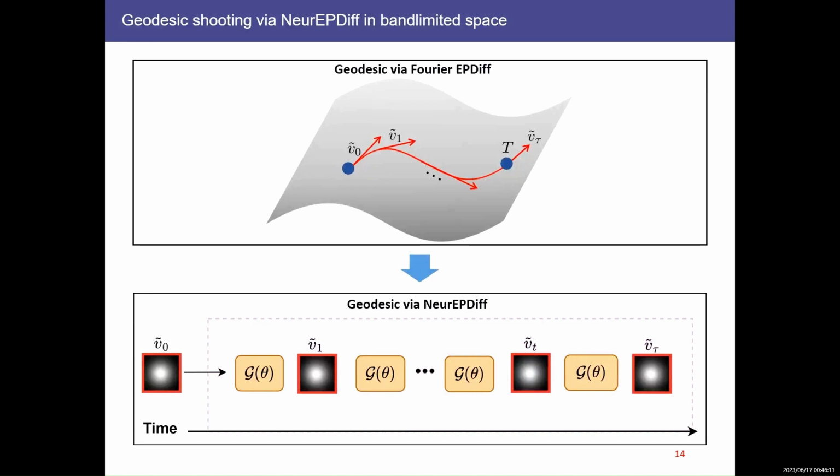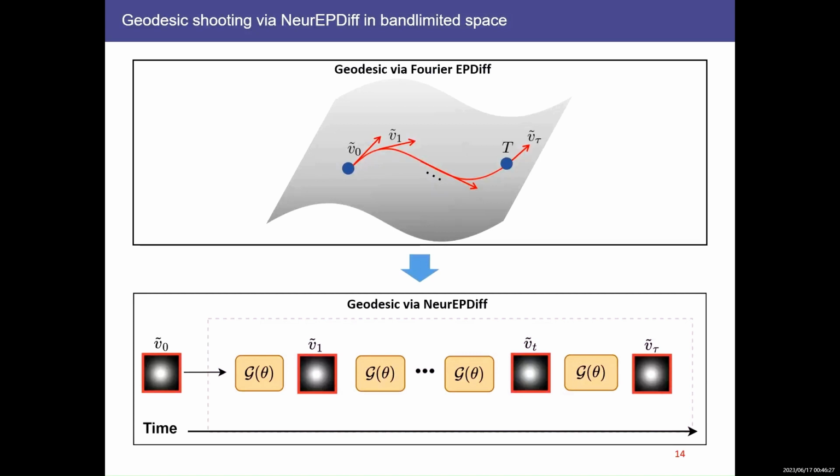So let's take a look at how we design the architecture of NeurEPDiff to learn the solution functions. As you see in the figure, the key component is the network G theta. Theta is the network parameters.